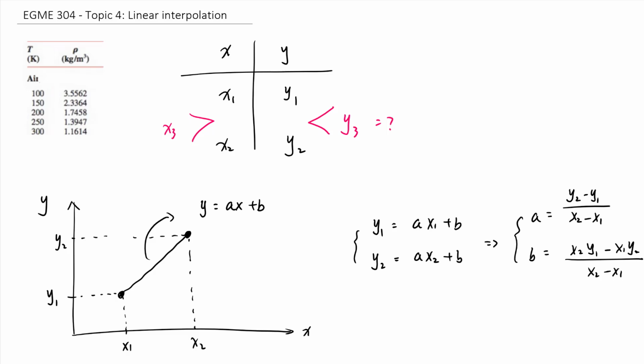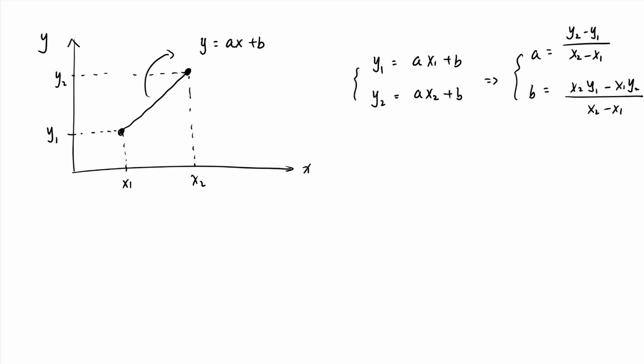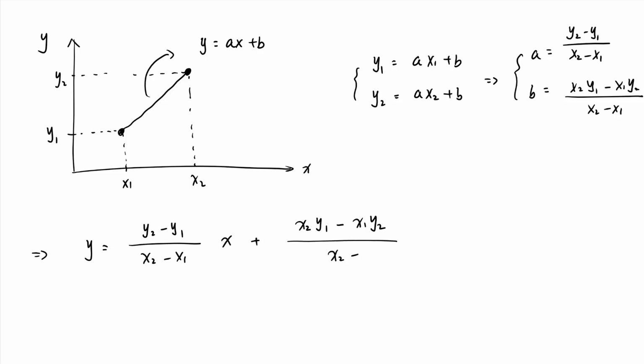And now we just need to plug in a and b back into the linear function. So our final solution to this straight line is y equal to (y2 minus y1) divided by (x2 minus x1), multiplied by x, plus (x2 y1 minus x1 y2) divided by (x2 minus x1).